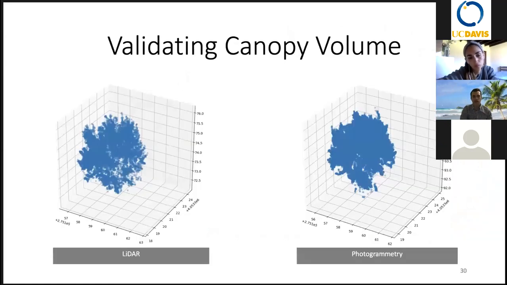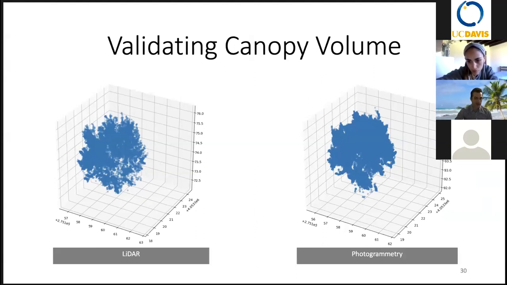LiDAR provides the most accurate 3D model of an orchard, but LiDAR is a very expensive sensor. It can cost more than $300,000 for an aerial platform, so it's not something that everyone can use. But with the photogrammetry technique, with a drone costing less than $1,000, you can generate a very similar point cloud data set.